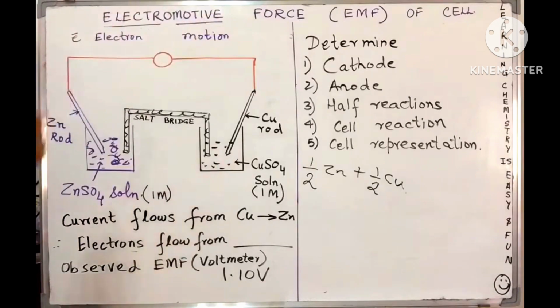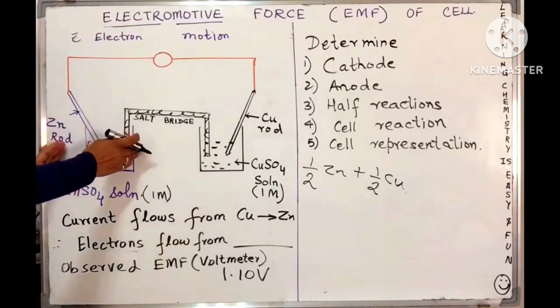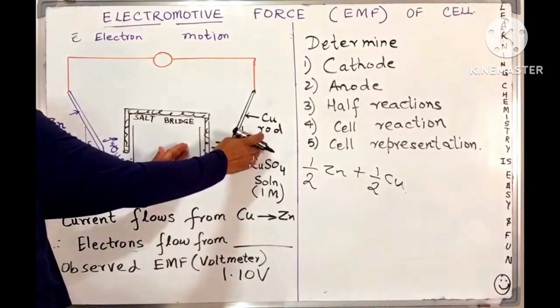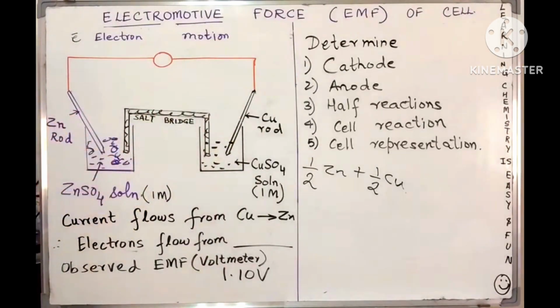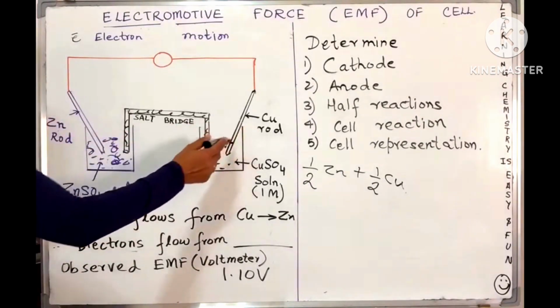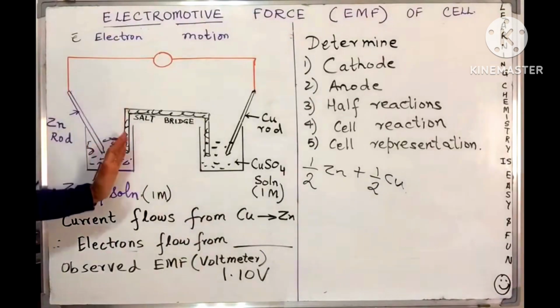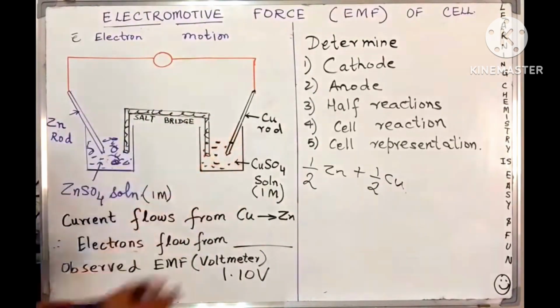Now, what is a cell? I've got a half cell here, and a half cell here. What do I mean by a half cell? An element in contact with the solution containing its ions is a half cell. Zinc in contact with zinc ions, copper in contact with copper ions: a zinc half cell and a copper half cell.